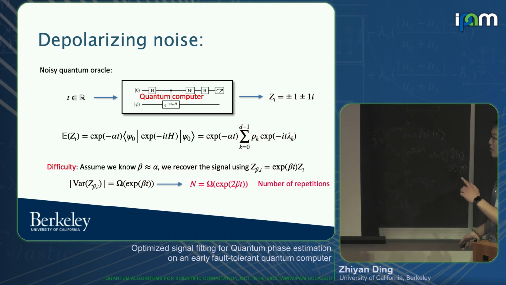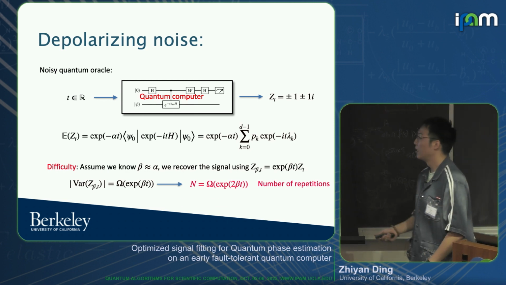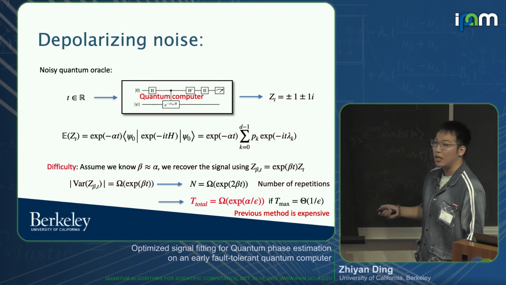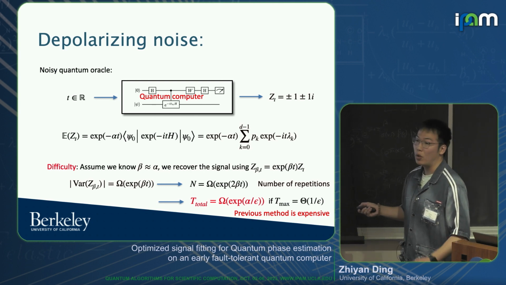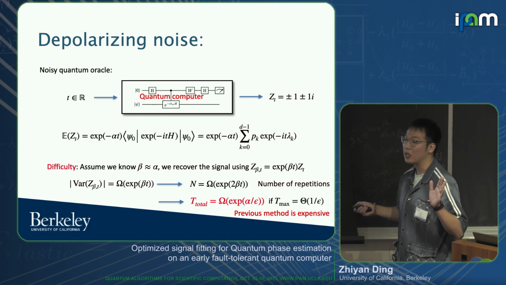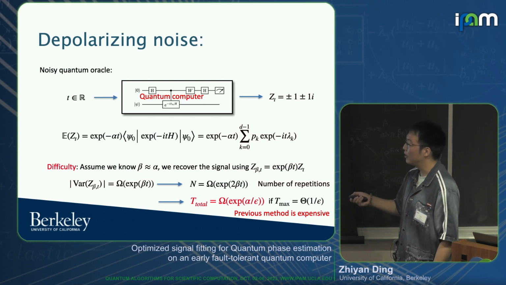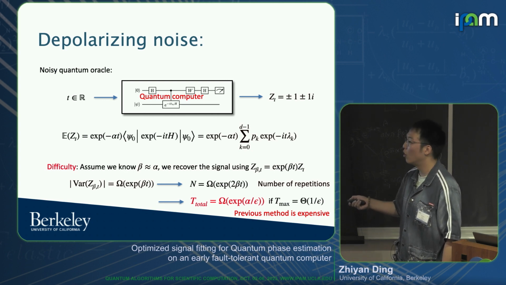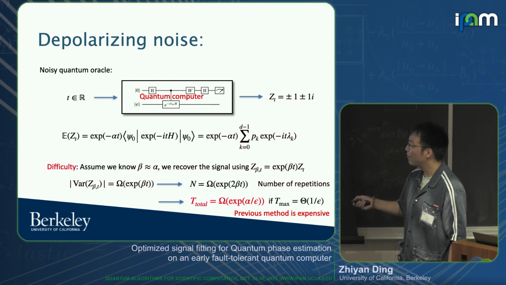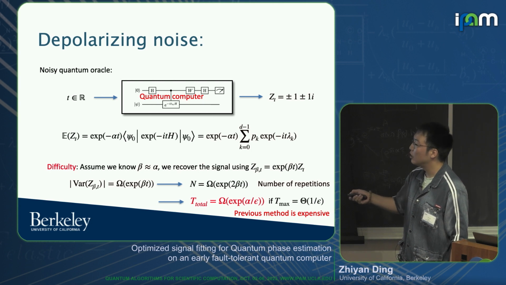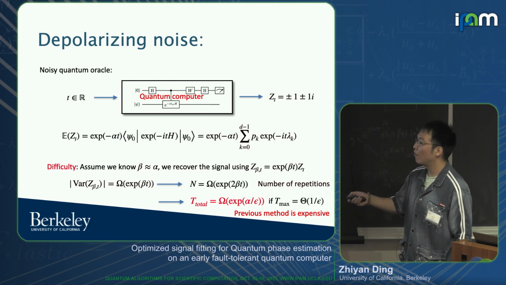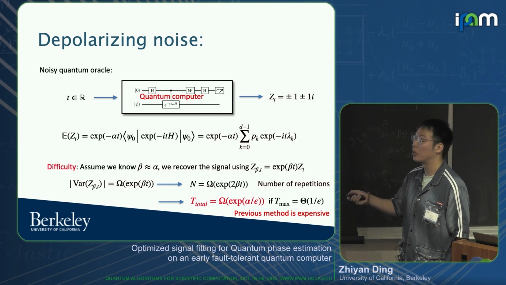Okay, so why is this not good? Because in this case, we are still looking for the Heisenberg limited scaling, meaning that my Tmax is of order 1 over epsilon. And if I plug this 1 over epsilon into this capital T, the number of repetitions we need is exponential in beta over epsilon, like exponential alpha over epsilon.